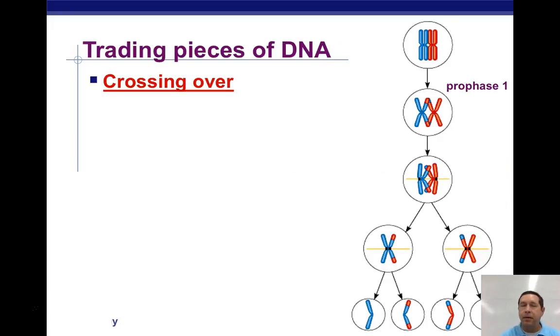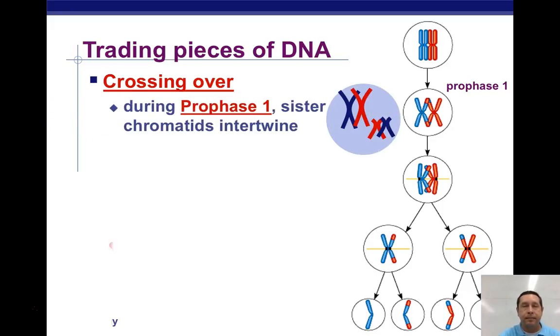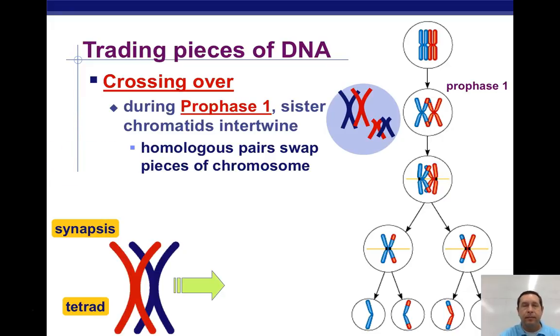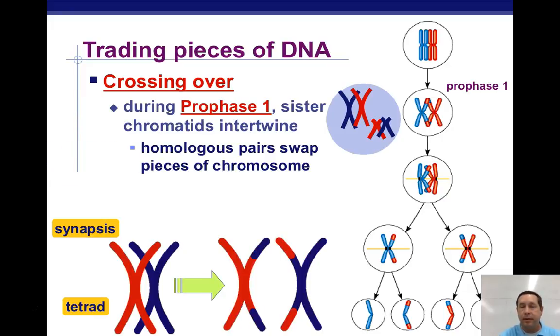So let's talk a little bit about crossing over. In the diagram here, you can see this is prophase 1, where you have the tetrad that's formed, you have the synapsis, you have the arms crossing over and exchanging bits of DNA. Here you can see the result of crossing over.